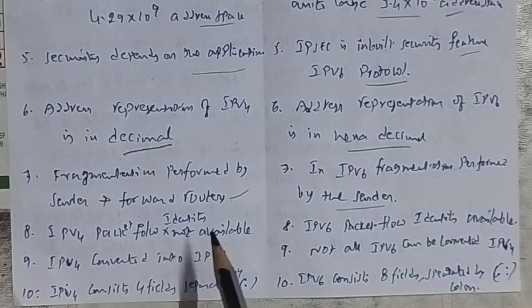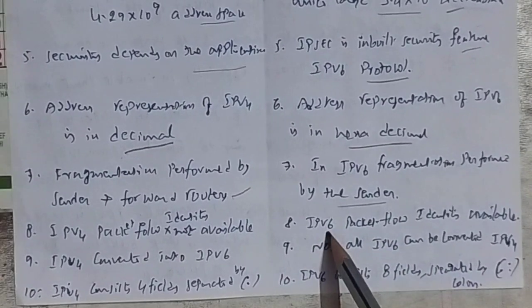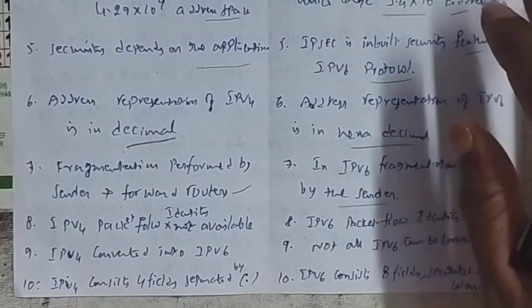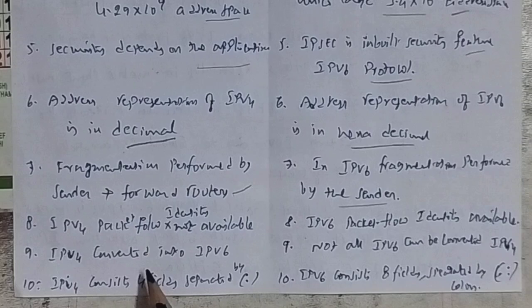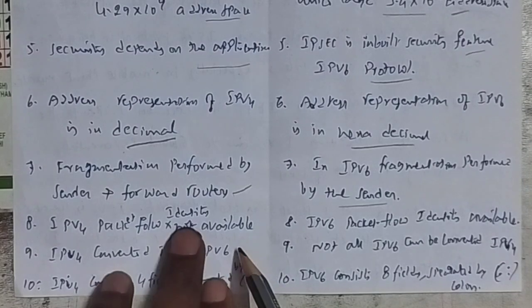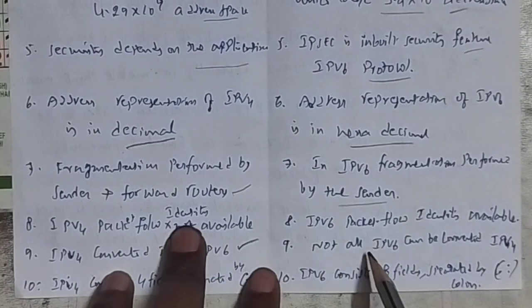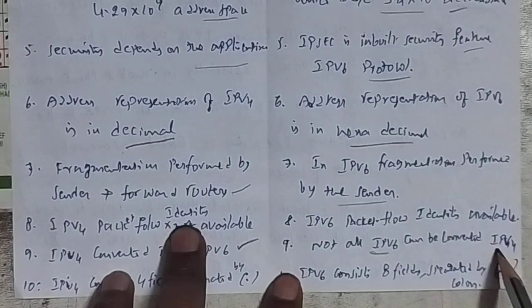Packet flow identification is not possible in IPv4, and the data packet flow is identified in IPv6, so which data is coming and which data is going can be classified in IPv6. IPv4 can be converted into IPv6, it is possible, but not all IPv6 can be converted to IPv4.